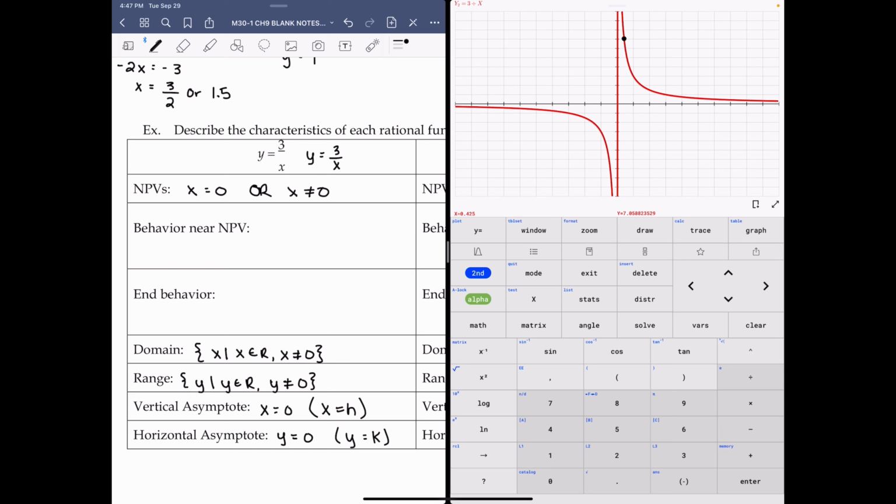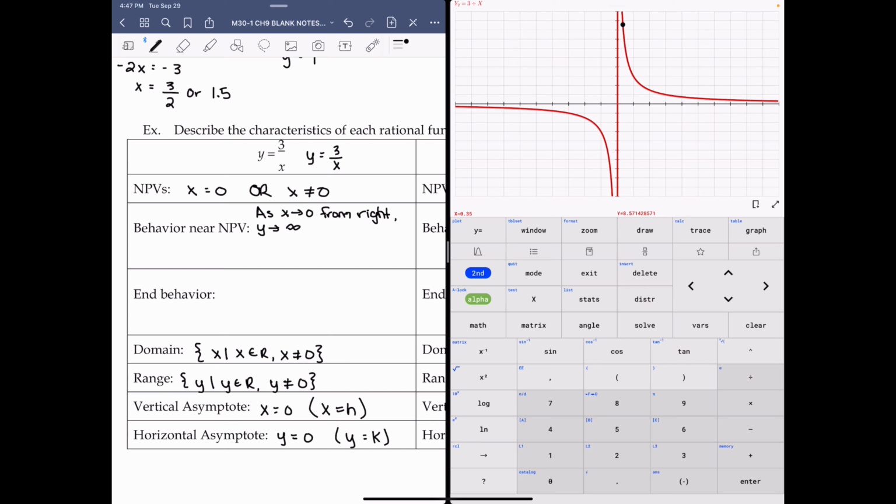It's going to shoot up because this piece approaches the vertical asymptote but never touches it. It keeps going up and gets closer and closer to x equals 0, but never gets to x equals 0. So as x approaches 0 from the right side, our y value is approaching positive infinity in this case.